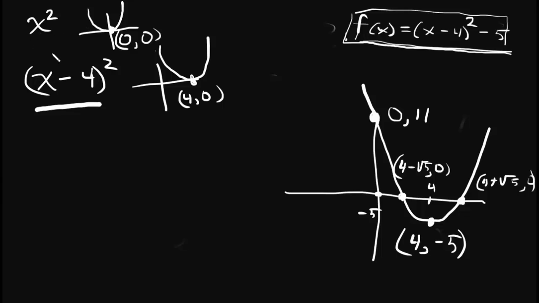Now, its touchdown point, the point where it has no y height, is going to be the point which makes the outcome of this equation equal to 0. So if we made it into (4 minus 4) squared, if we substituted a 4 for the x, we would have something which was equal to 0. So the y height would be equal to 0.